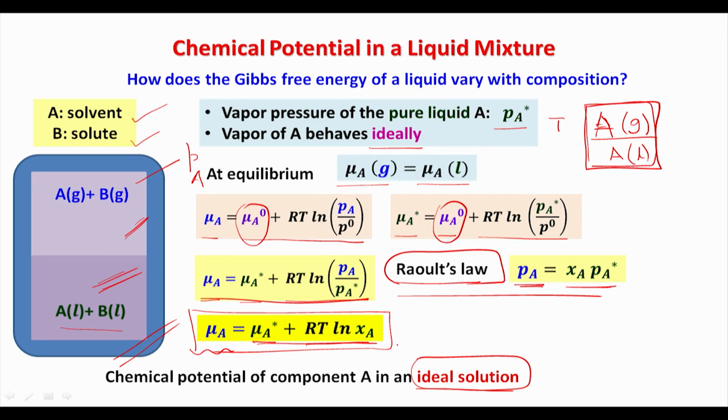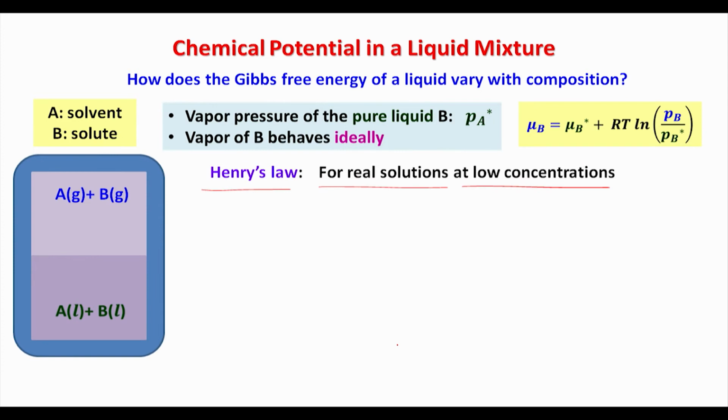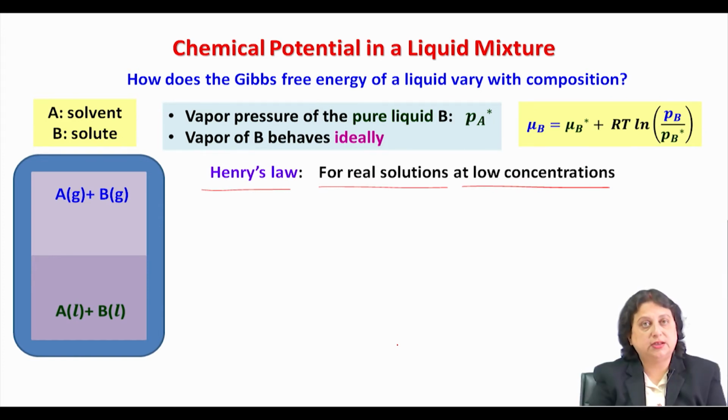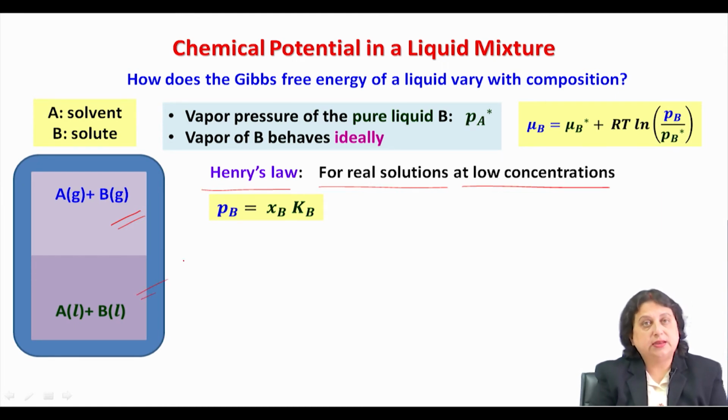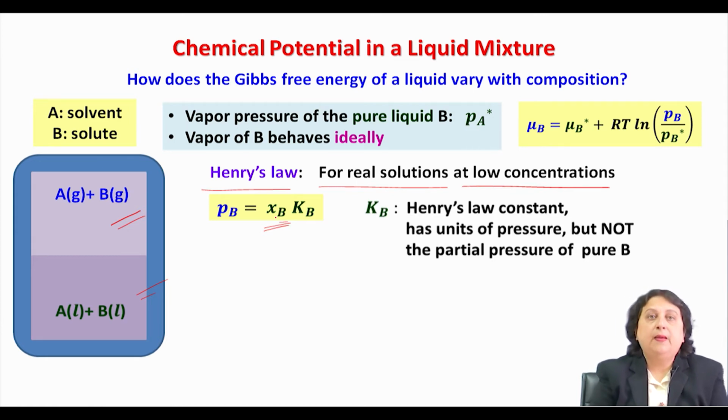On the other hand, when I talk about real solutions at low concentrations, it is also found that the partial pressure of the solute B in the vapor phase that I see in equilibrium with the liquid solution is proportional to the mole fraction of the solute Xb. And here Kb is the Henry's law constant.